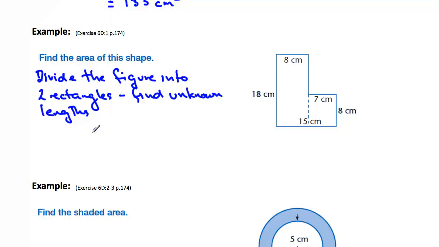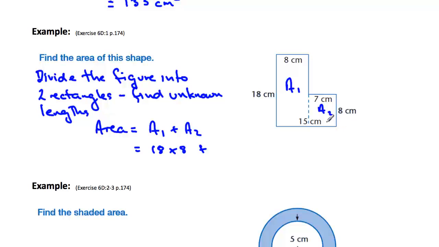So we would say then that the area would be the length of, let's say, this rectangle here. So we'll call this area 1, plus this we'll call area 2. Now we know that this is length times width, so that would be 18 times 8.